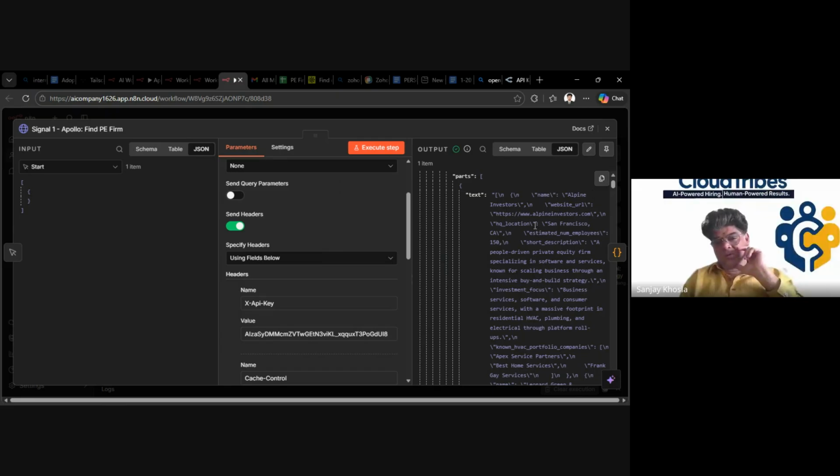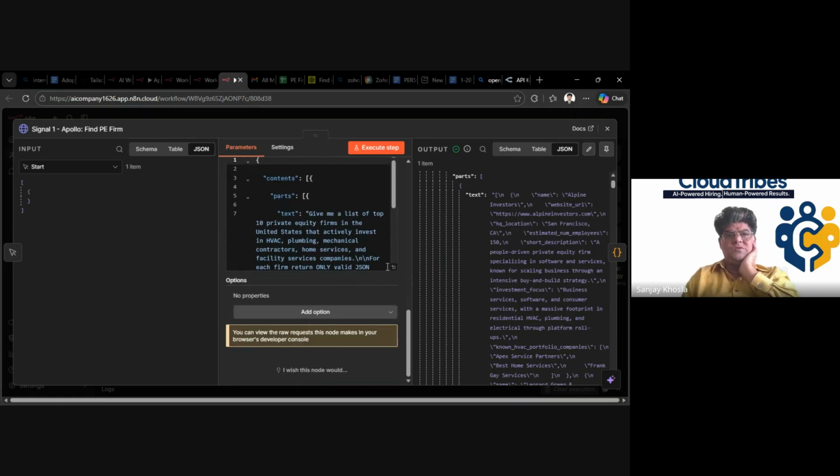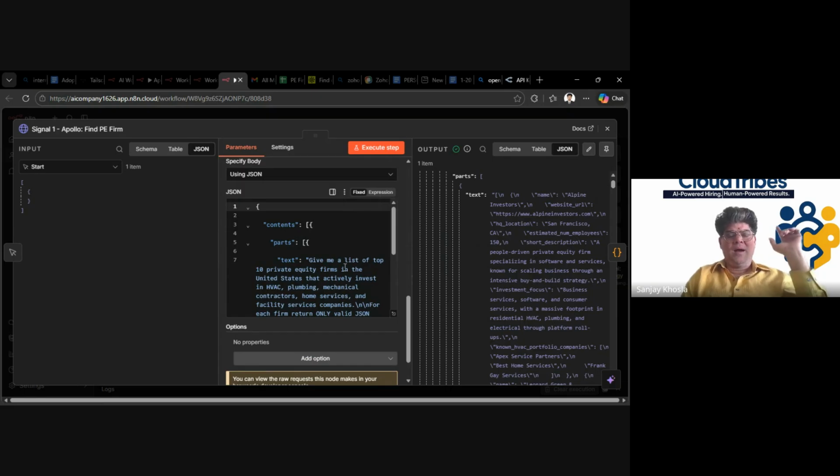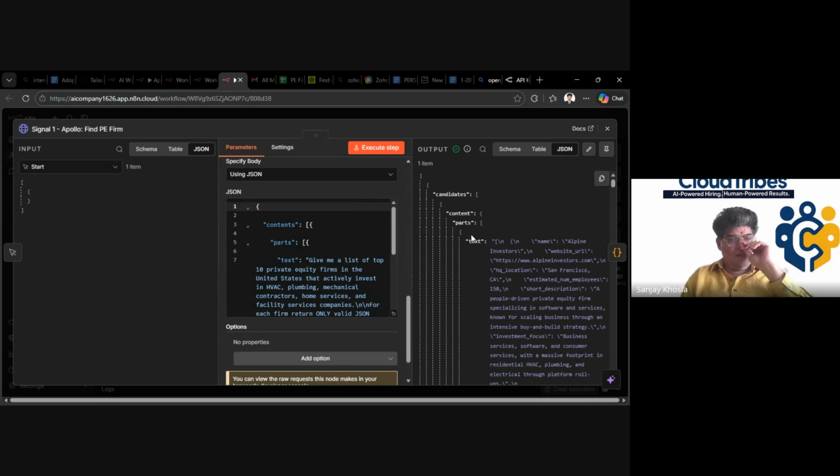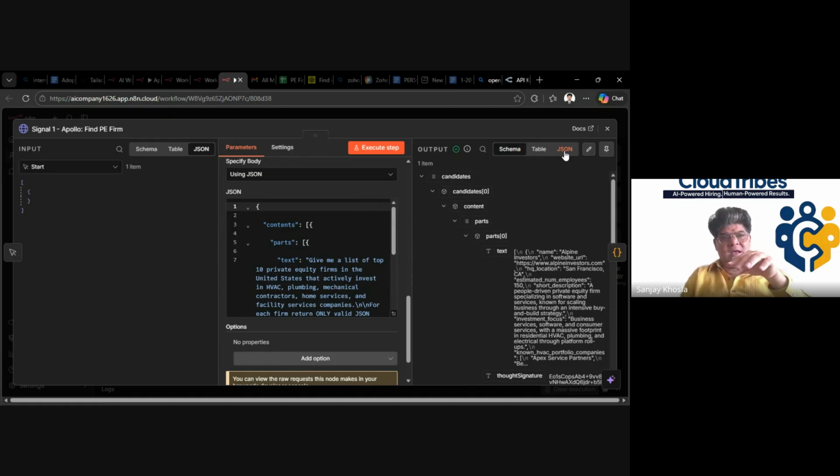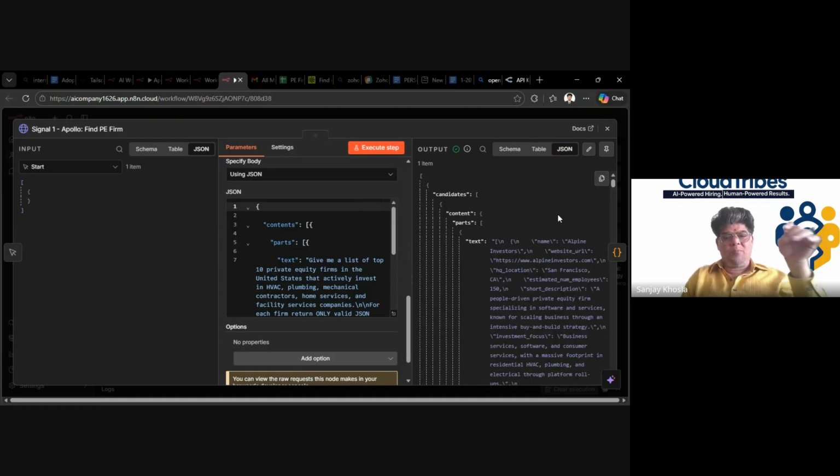So the idea is that you're not only using ChatGPT, you're trying to find richer data. In that process, if you use third-party sources like Apollo, I think you can get a lot of that base data, and then you can use ChatGPT or LLM models like Google AI to further append and say whether this is a venture capital or a PE firm.